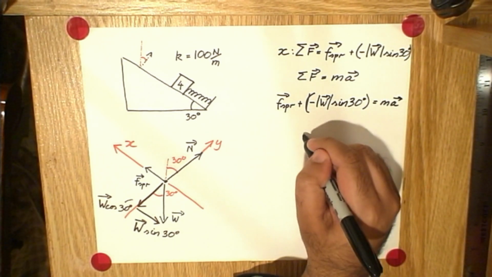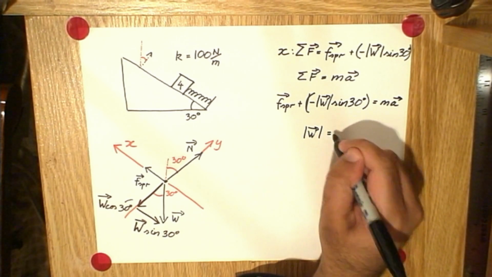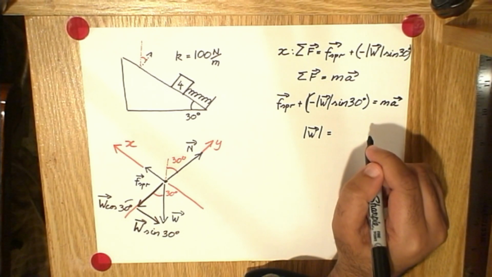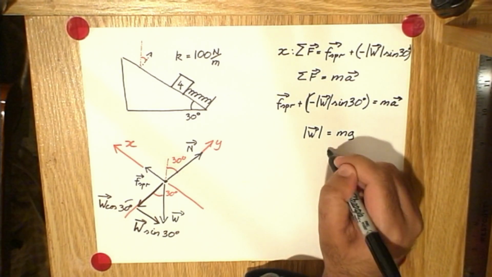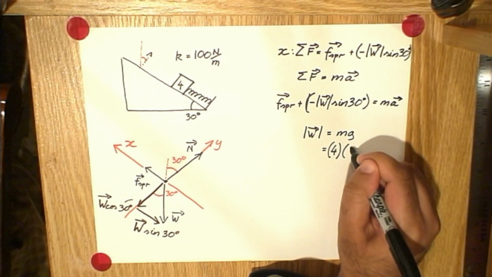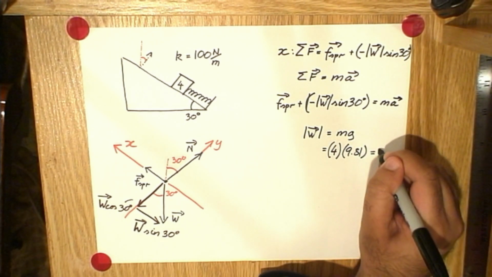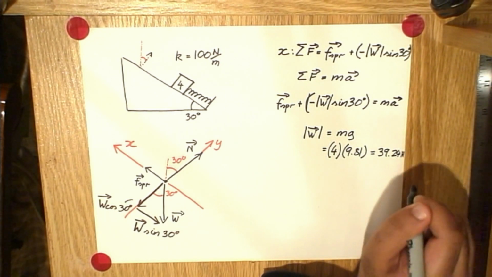Let's solve for the weight force. The weight force is equal to the mass times gravity. The mass, 4 kilograms, times the gravity of 9.81. That works out to 39.24 newtons.